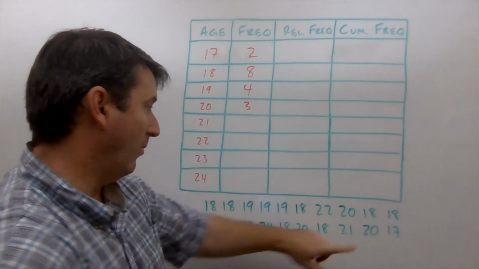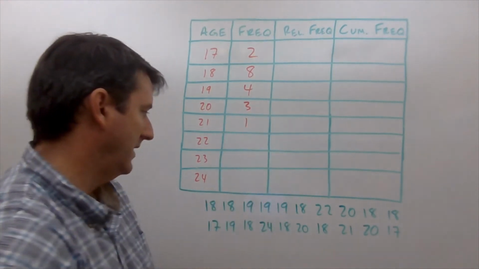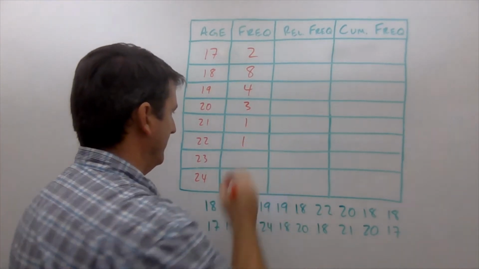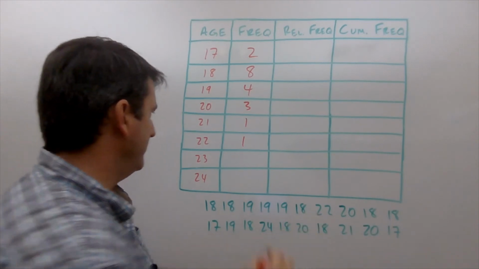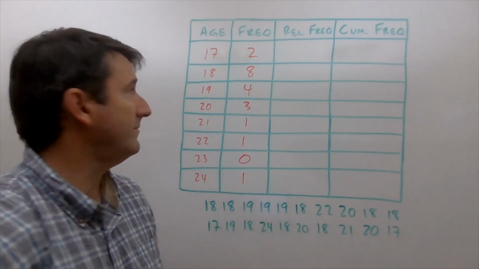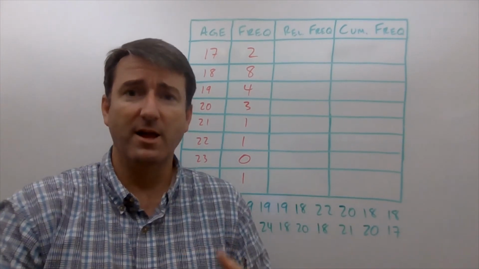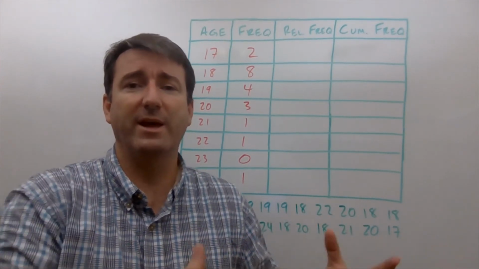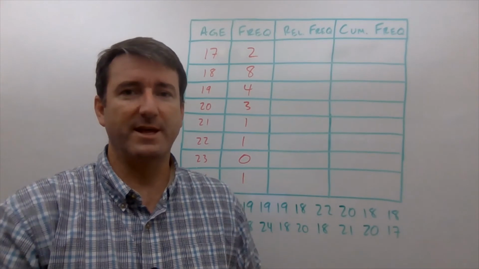Then it looks like we've got 1 21-year-old, 1 22-year-old, no 23-year-olds, and 1 24-year-old. All right, so that's our frequency. All that's involved there is just counting up the number of times that category occurs.